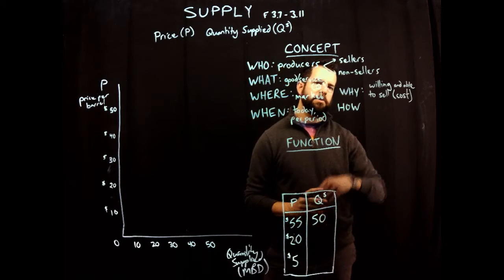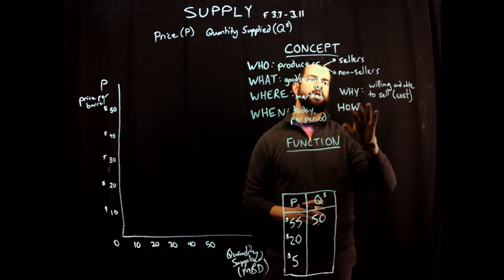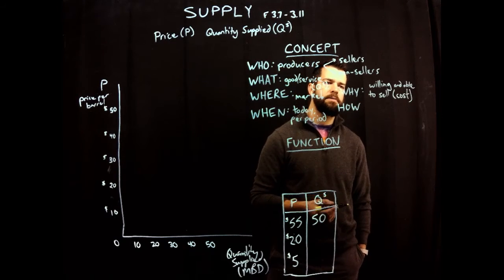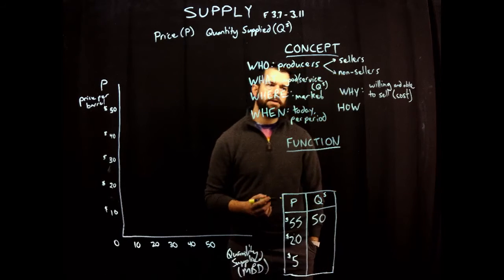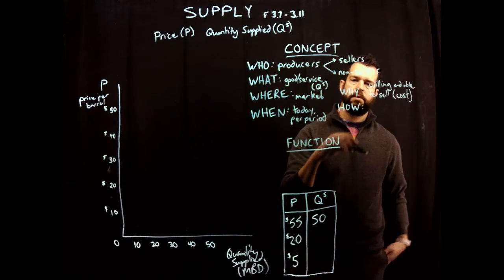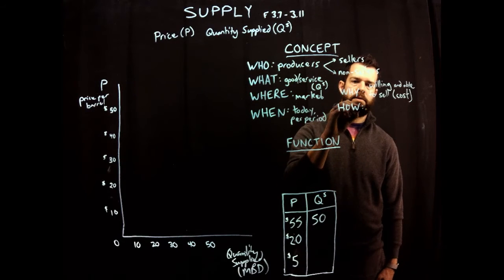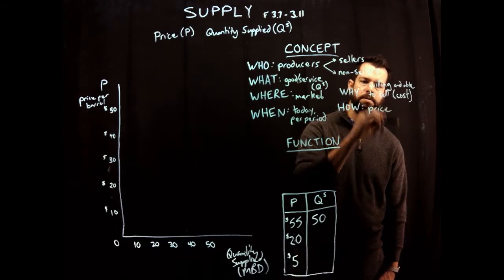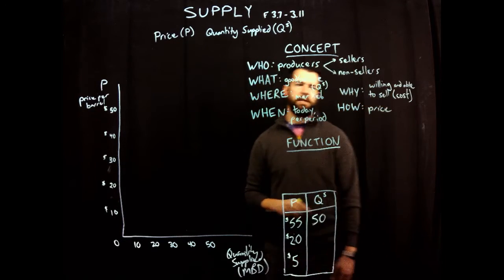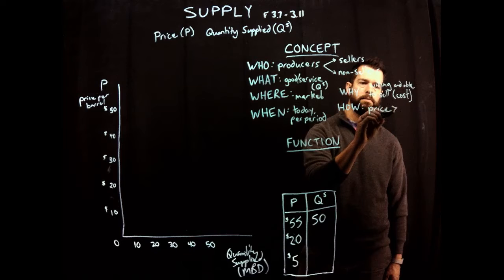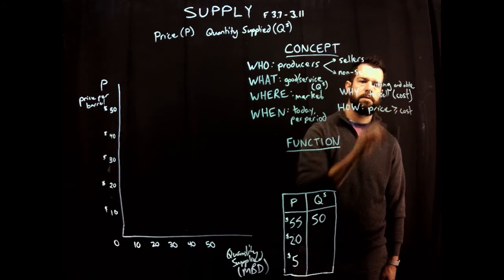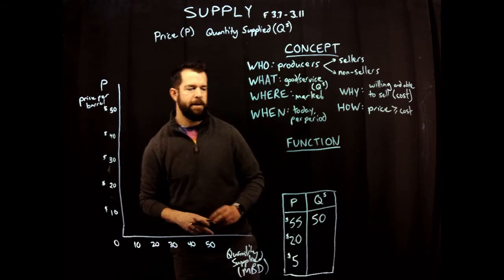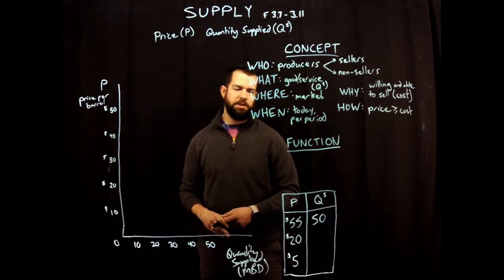They're willing and able to sell at that price so they can cover the costs. How are those producers able to sell? They have to have a price that they can receive that is greater than or equal to their cost. When that happens, they can make a profit. Let's start with that first unit.